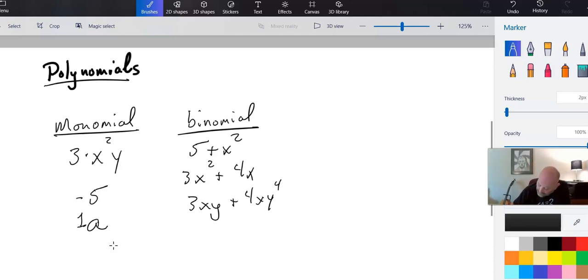And it could be subtraction in there too, right? You could just as easily have something like p minus 2. That's also a binomial. What makes a binomial is that you have 2 terms. And a term is anything that's separated by an addition or a subtraction, right? So monomials are 1 term.